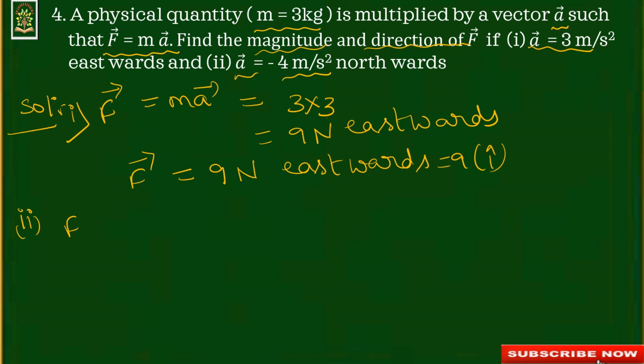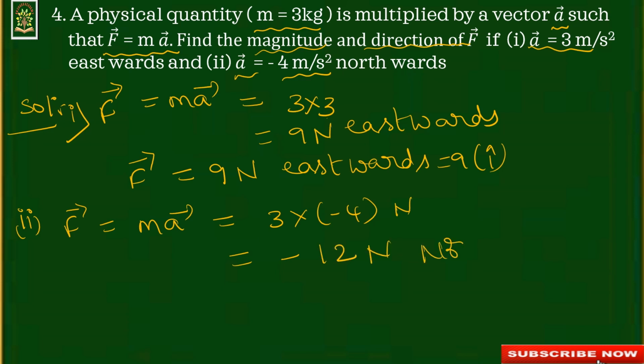F bar is equal to m a bar, that is equal to 3 into minus 4 newtons, that is equal to minus 12. So minus 12 newtons northwards, that is equal to minus 12 j cap.